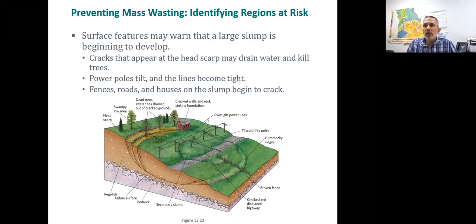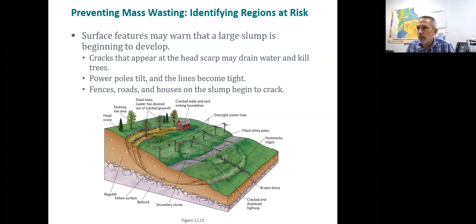And so one of the things that you can end up doing if you saw that your area was prone to mass wasting is a couple of different things. In this environment, you may notice that this mass wasting event, let's take a look at this slump here.